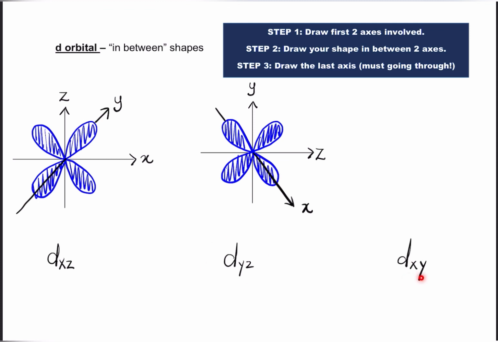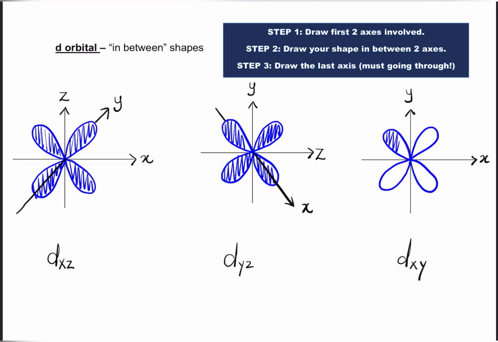I have dxy. So my 2 axes involved here only, x and y first. So let's draw the axis. This is x-axis and this is y-axis. After that, in between 4 loops from the center, 1, 2, 3, and last one, 4 loops here.